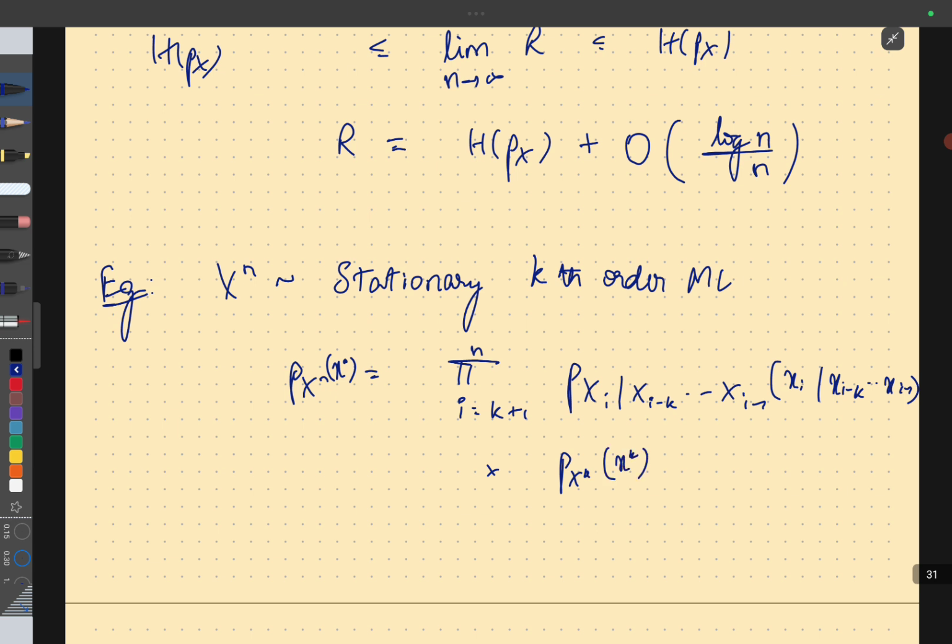This k is something that is small and n is allowed to grow all the way up to infinity.